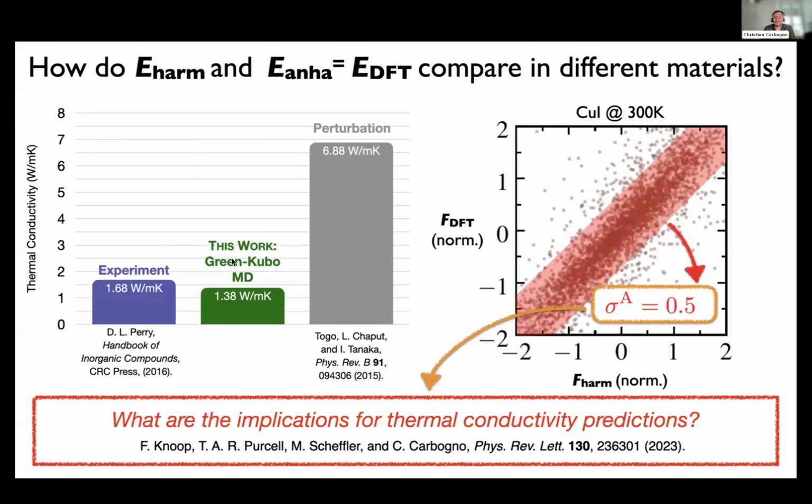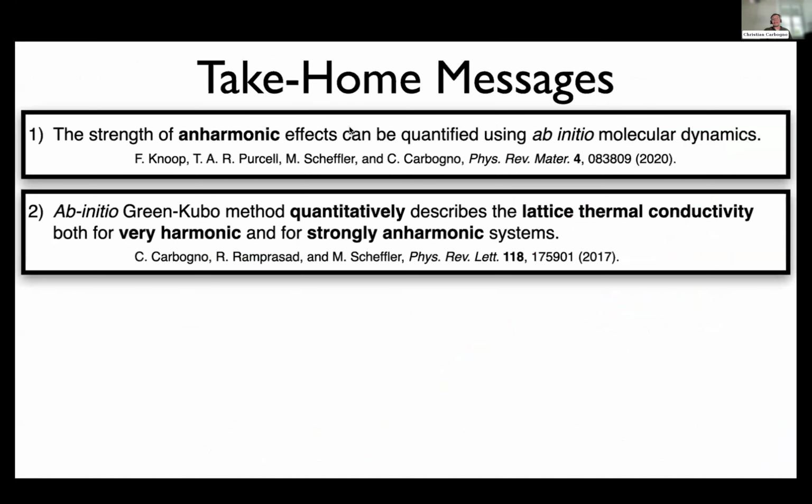So we really start to get into a regime where we are predictive even for such strongly anharmonic insulating materials, where perturbation theory obviously is not sufficient. This brings me to my second take-home message. The developed and implemented ab initio Green-Kubo method now allows you to describe lattice thermal conductivity, not only for very harmonic systems, but even for such strongly anharmonic systems.